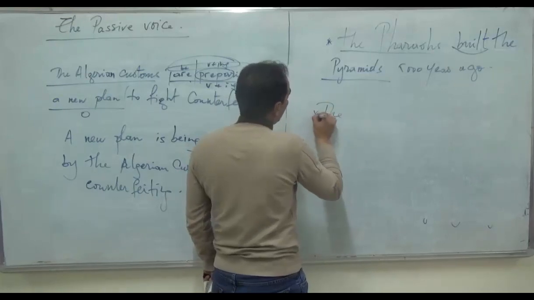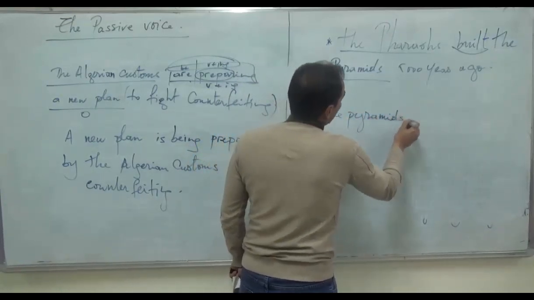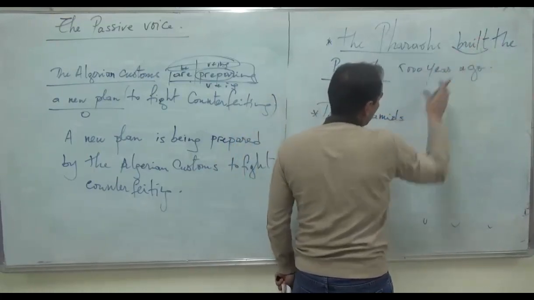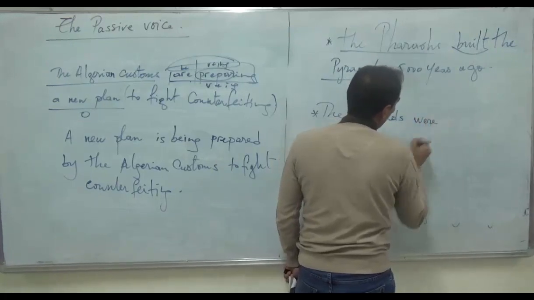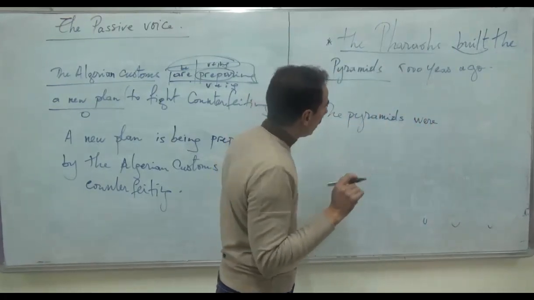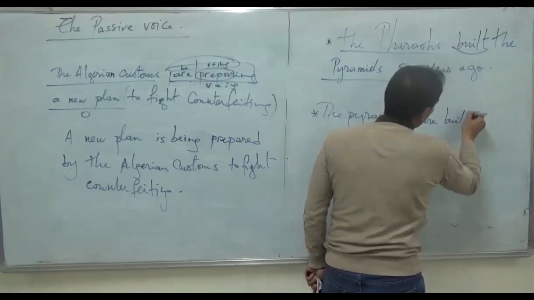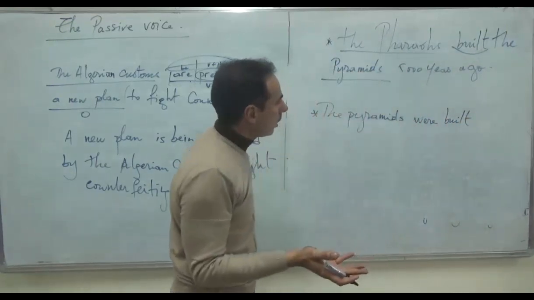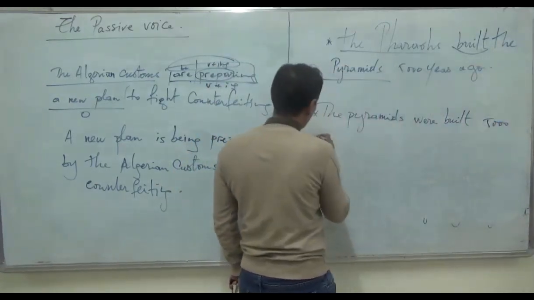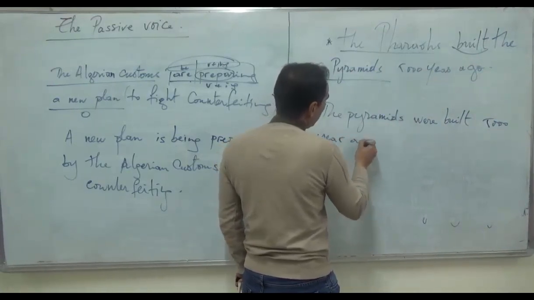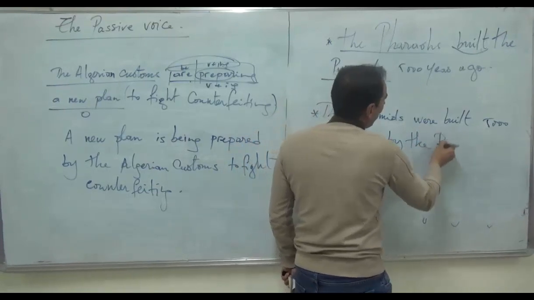So the pyramids, past simple of the verb to be, were, past participle of the verb to build, built. The pyramids were built 5,000 years ago by the pharaohs.